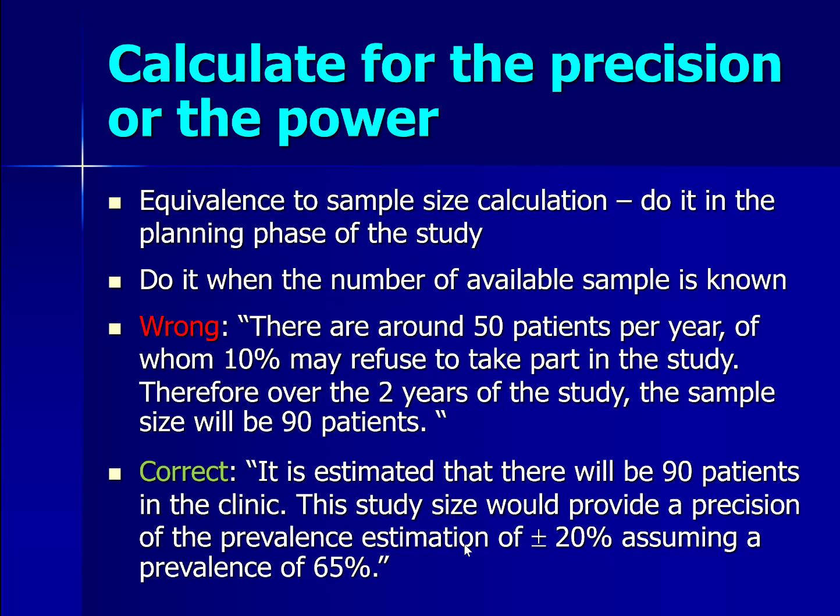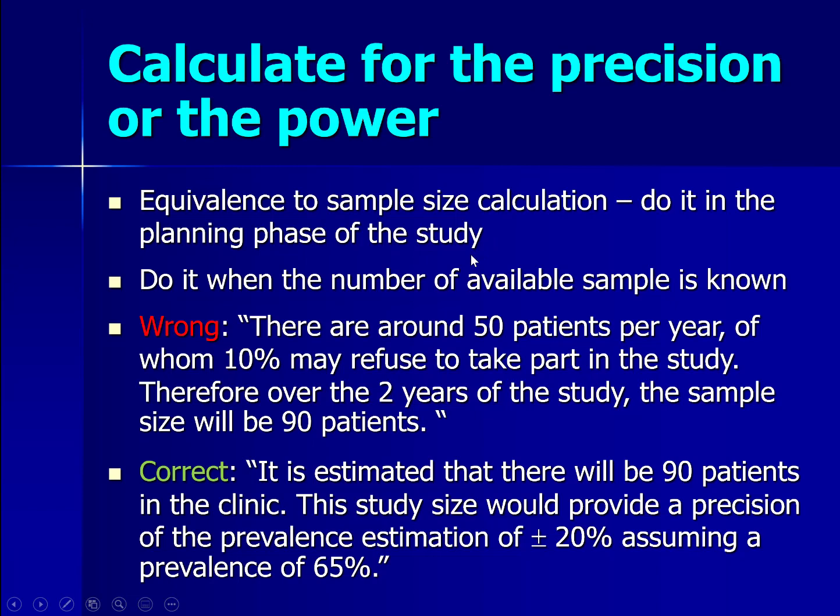The last one in this consideration is calculating for the precision or for the power, which is equivalent to the sample size calculation. I said here, it's equivalent to sample size calculation. It is usually done in the planning phase of the study.